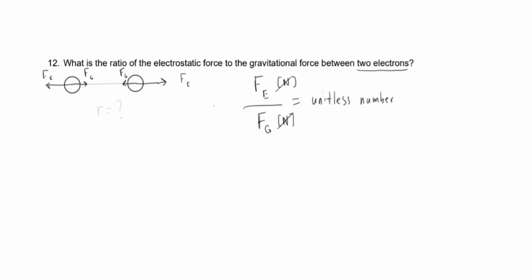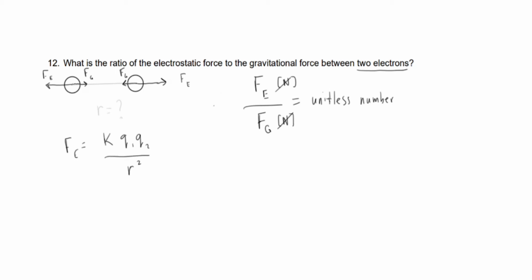Okay, so that's basically my conceptual thought process of how I would attack this problem. Now, let's actually start to put the pieces together. We know that the electrical force, the equation, is Coulomb's law: K, the electric constant, times the first charge times the second charge, all over the distance between them squared.